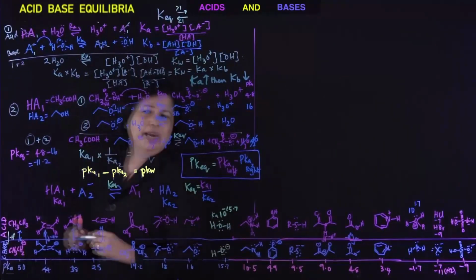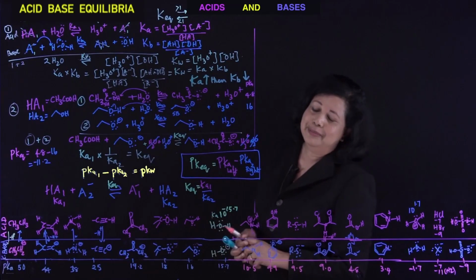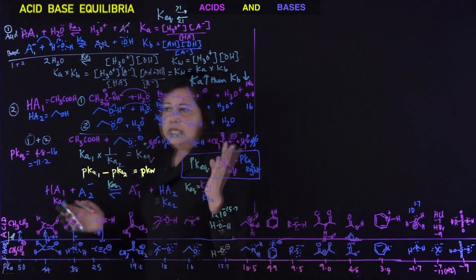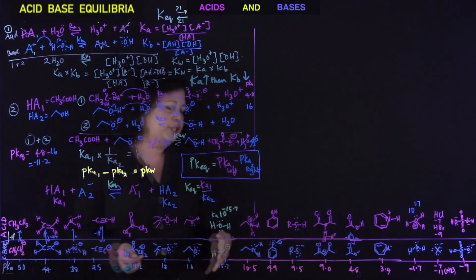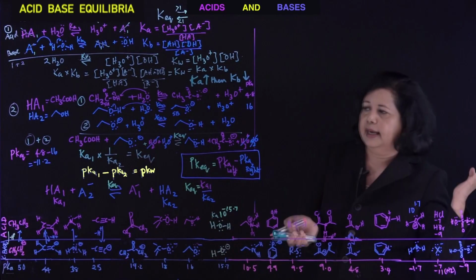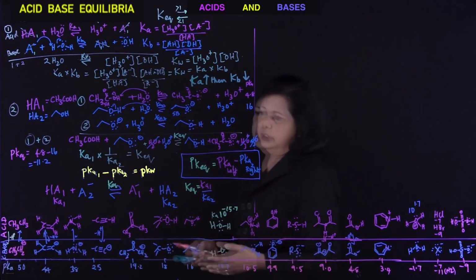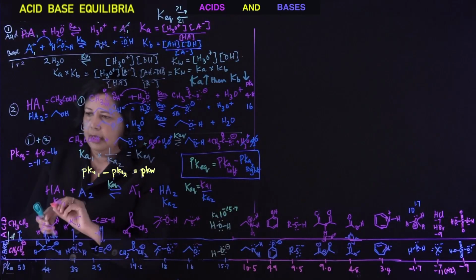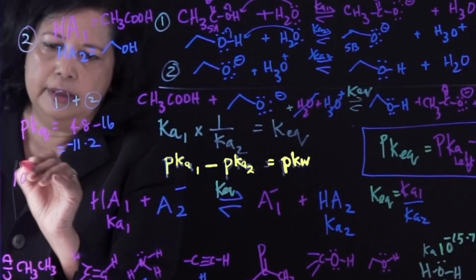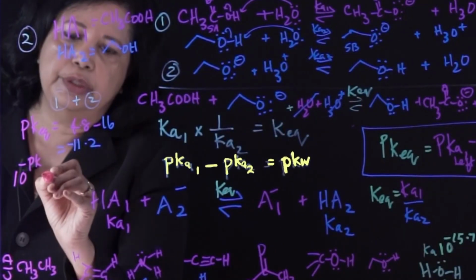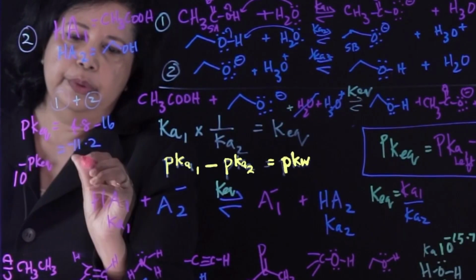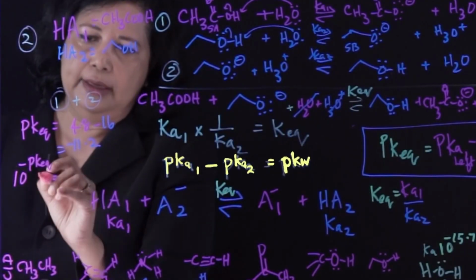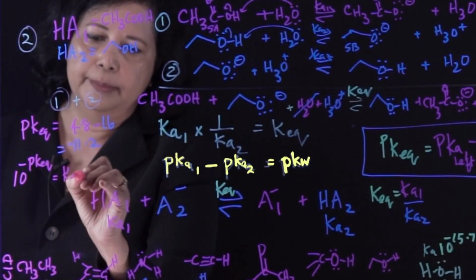Is that a good thing to have, a negative pK equilibrium? Well, we know, just like you do pH and H plus concentration, taking the anti-log of the pH is going to give you the H plus concentration. It's the same thing here, 10 to the negative pK, whatever, is going to be giving you the actual value of that K equilibrium.